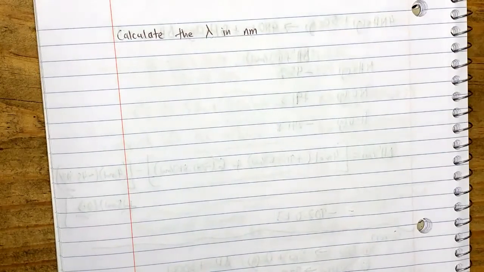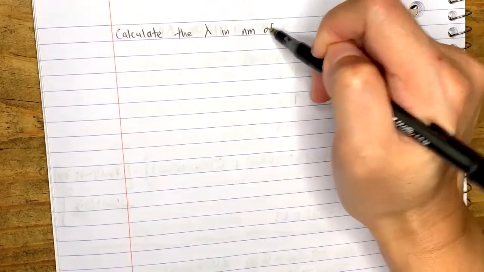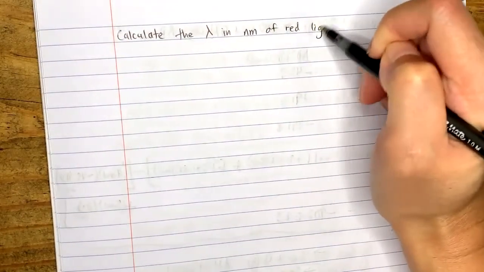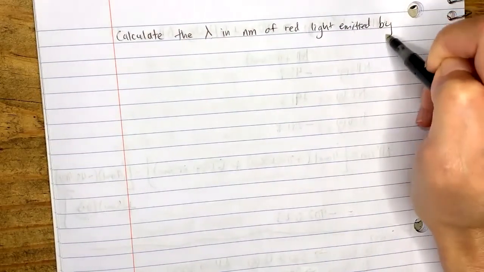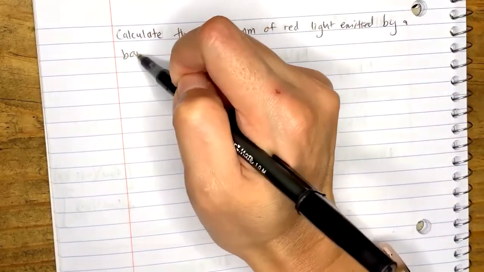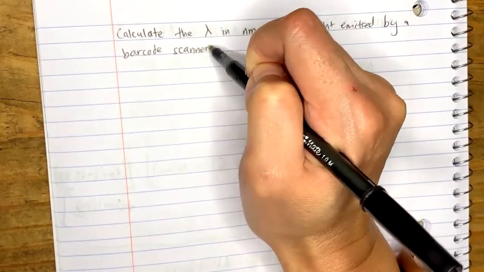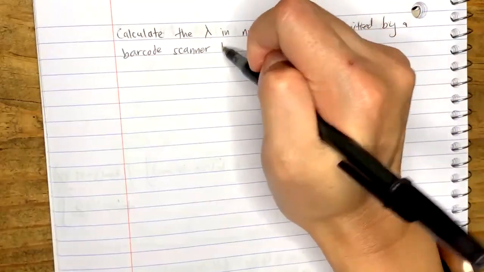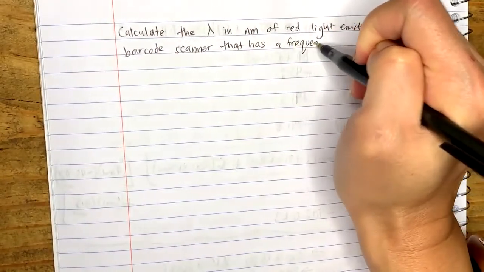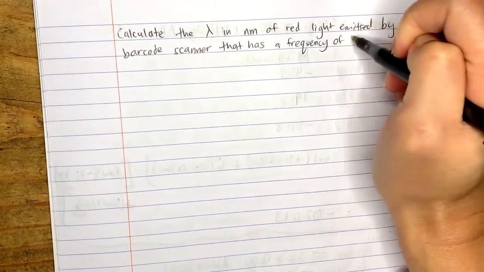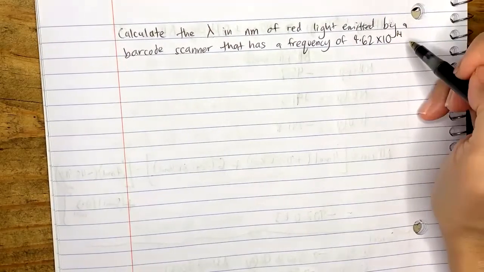A lot of times I just say wavelength, but I write this symbol. Calculate the wavelength in nanometers of red light emitted by a barcode scanner that has a frequency of 4.62 times 10 to the power 14 per second.